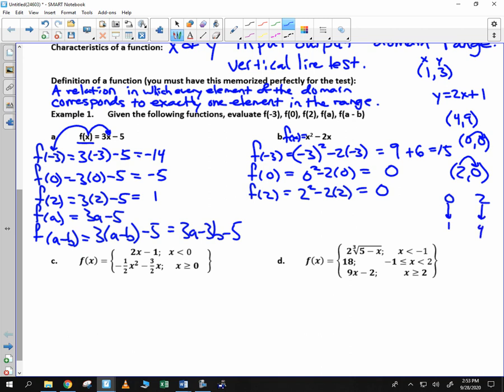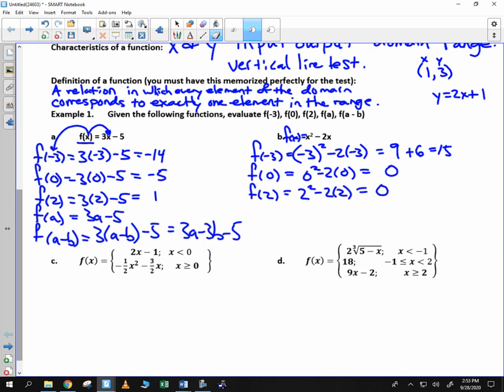Yeah, that can definitely happen. What can't happen is you can't have player 0 score 4 goals and player 2 score 1 goal and 5 goals. That's not possible. So when the input gives you more than one output, that's where it ceases to be a function. But you can come up with the same output.